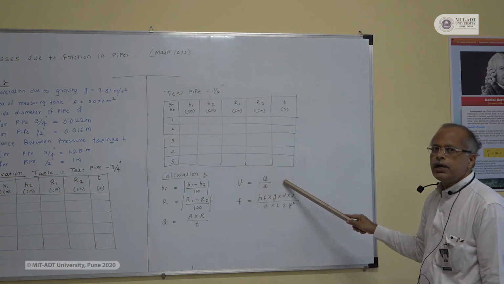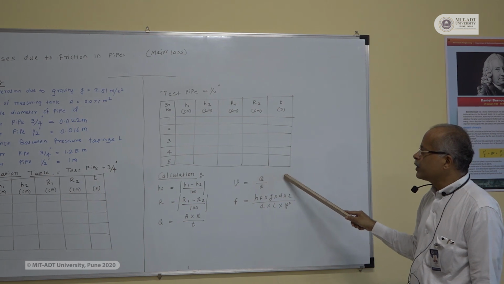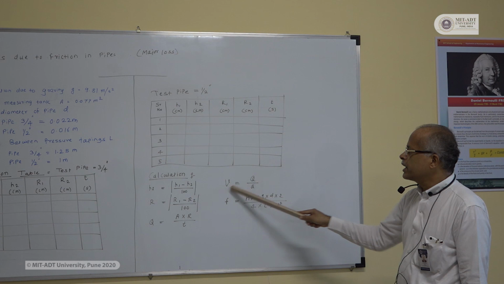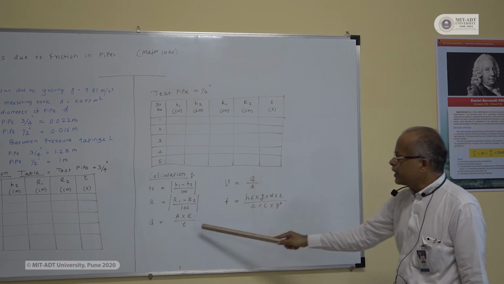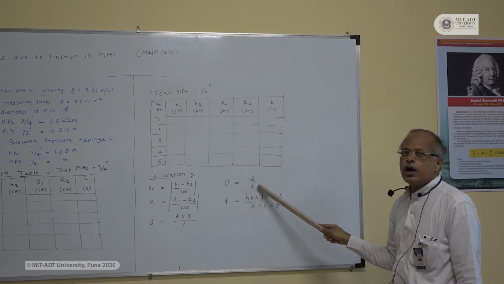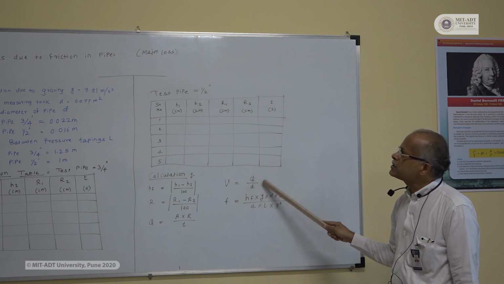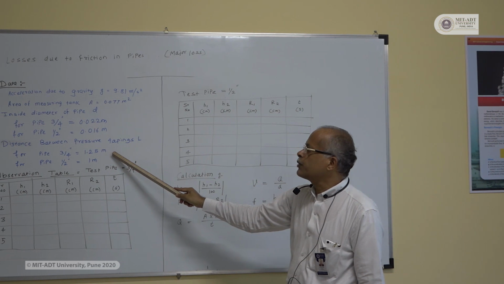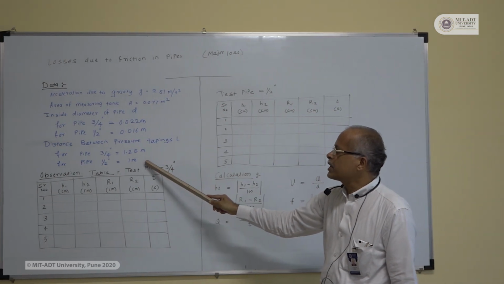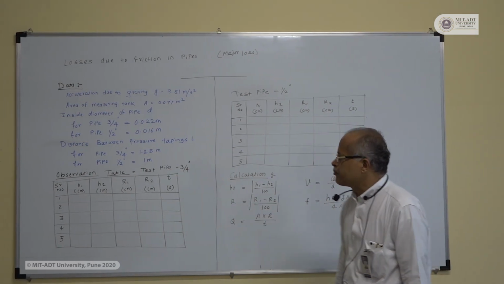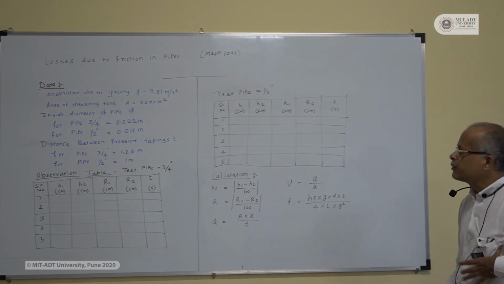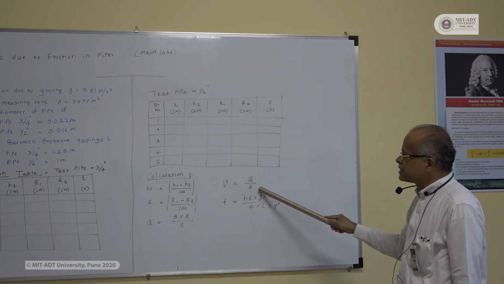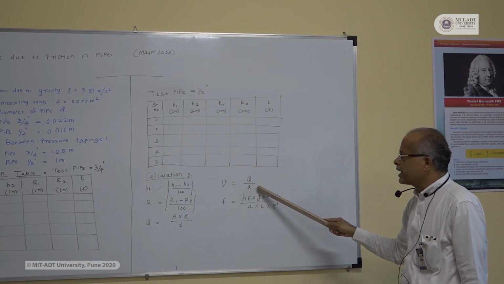Velocity is flow rate in meter cube per second divided by cross-sectional area, V equals Q by A. The diameters of the half-inch and 3/4 inch pipes are taken for calculating this area A.